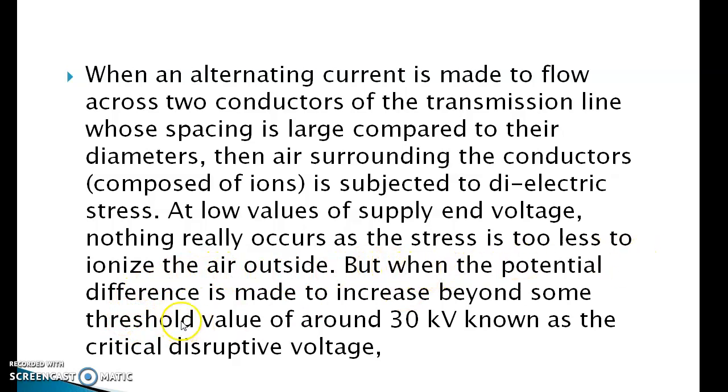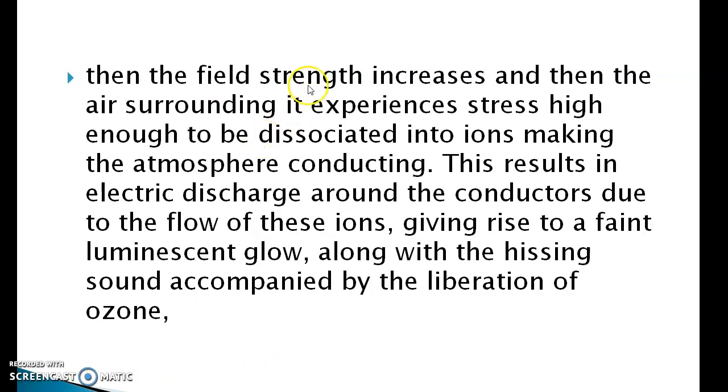But when the potential difference is increased beyond some threshold value of around 30 kilovolts, known as the critical disruptive voltage, then the field strength increases and the air surrounding it experiences stress high enough to dissociate into ions, making the atmosphere conducting.